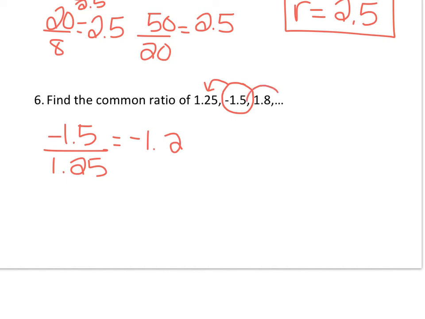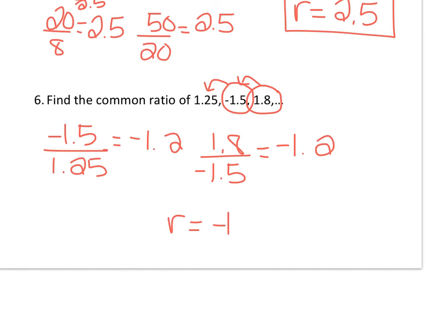If you take 1.8 divided by negative 1.5, that will give you negative 1.2. So in this case, our common ratio is negative 1.2.